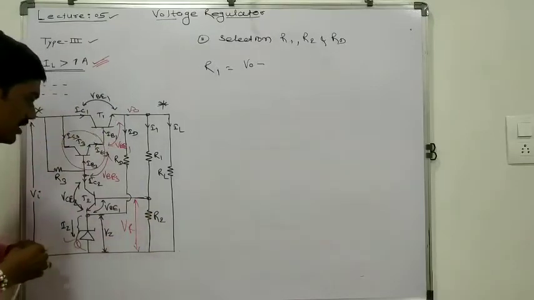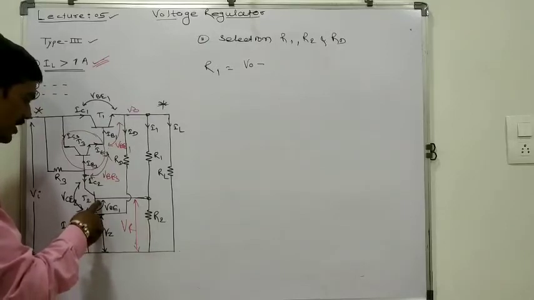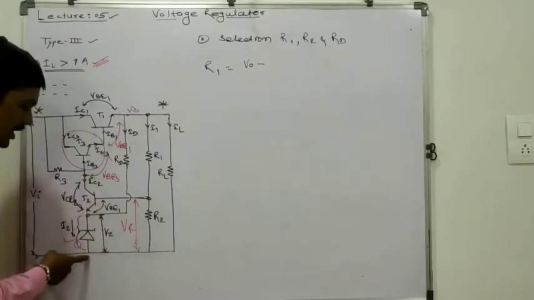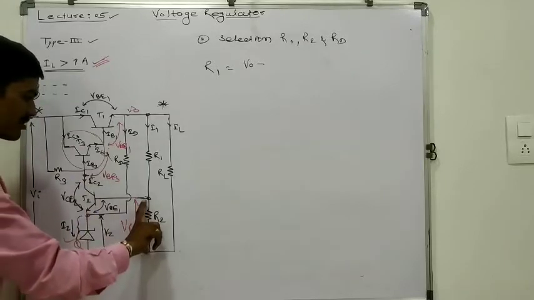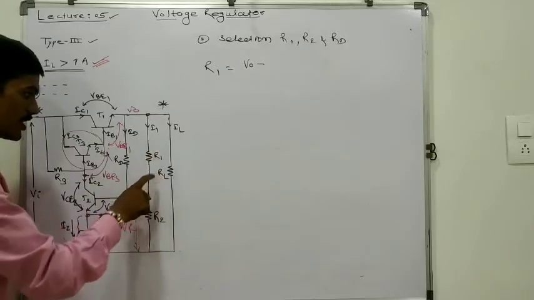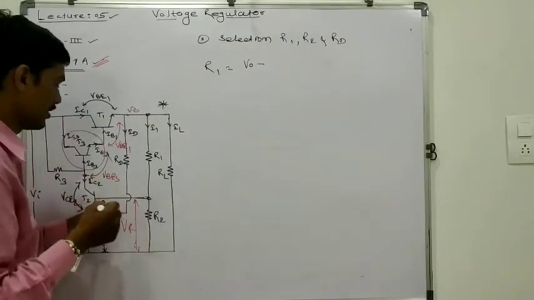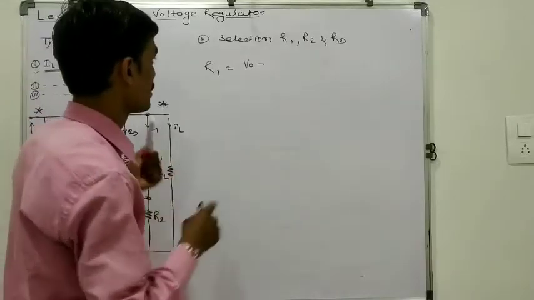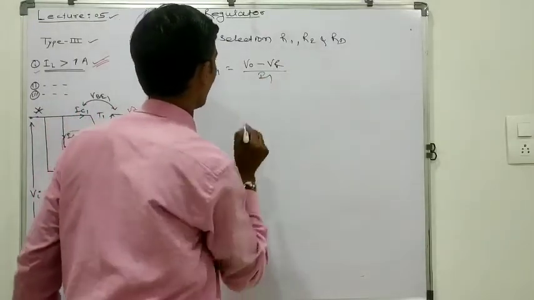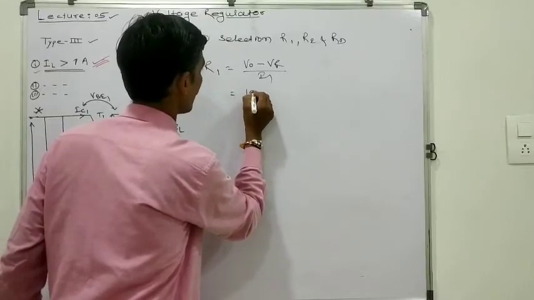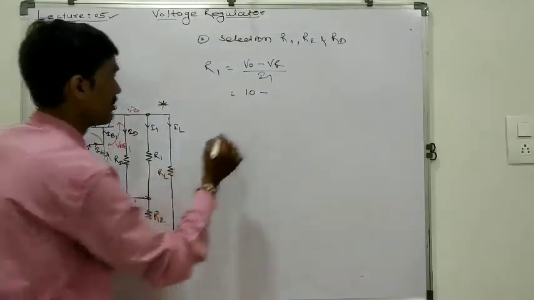This voltage is nothing but VF across R2, or we can say the voltage appearing at the base of the transistor T2 to the second end of the Zener diode. This is nothing but the voltage available across the second end of R2. So it is nothing but VF. So VO minus VF divided by I1. VO is given as 10 volt. What is the value of VF? VF is nothing but the VBE1.